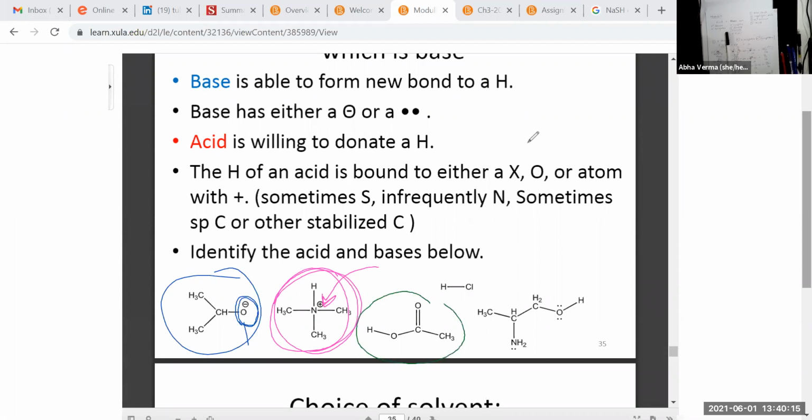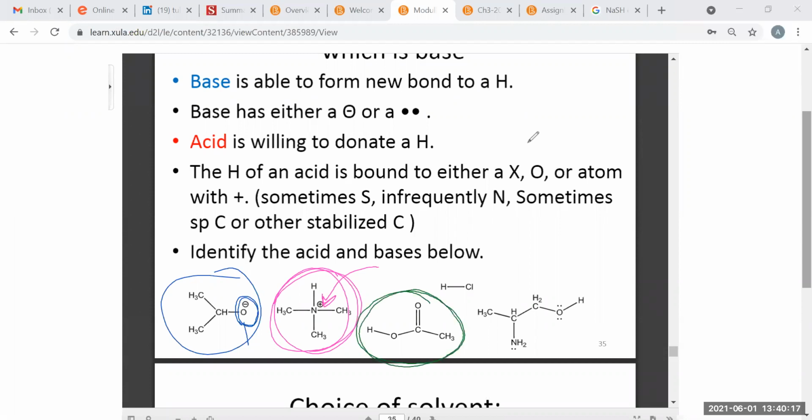Are you here? Yes. Okay, help me. Is this molecule considered an acid, or will it be considered a base? I think it would be an acid. Very good. And why? I believe because of the excess H's.